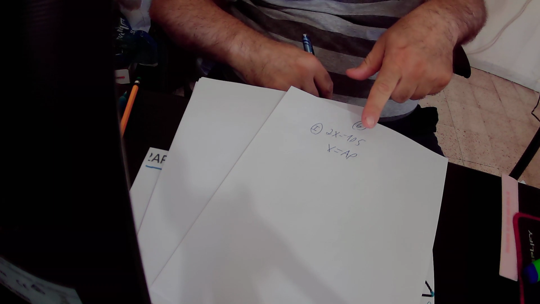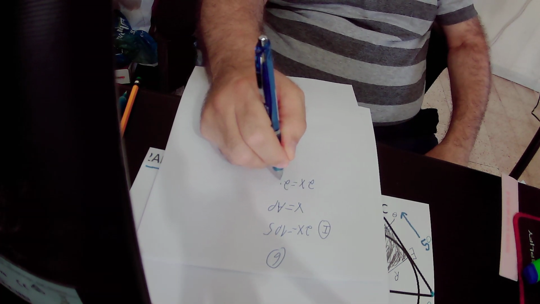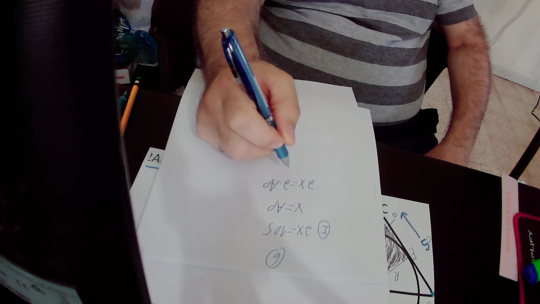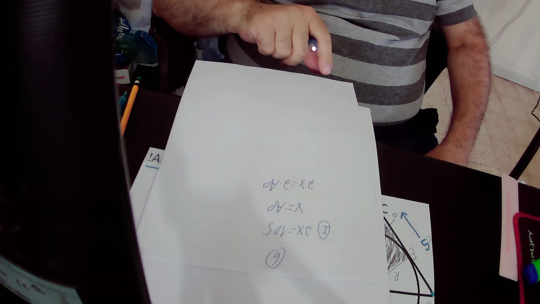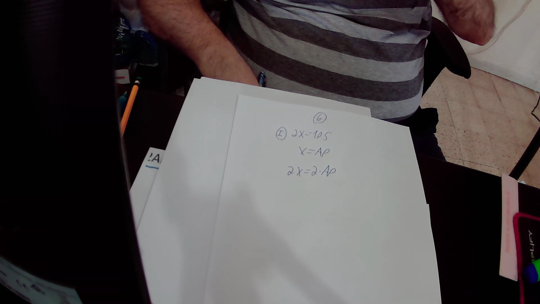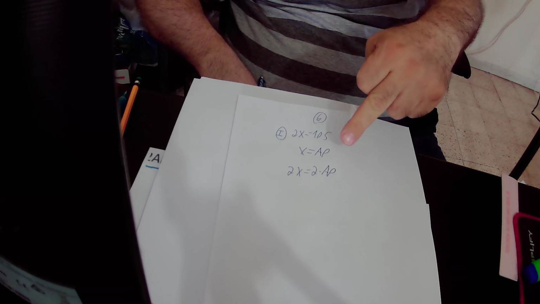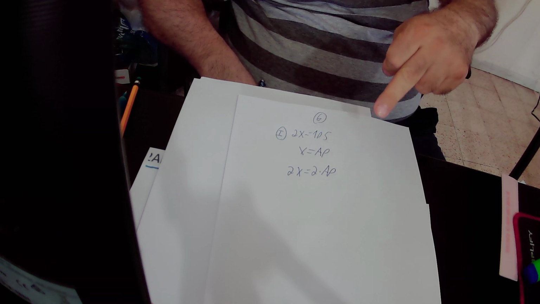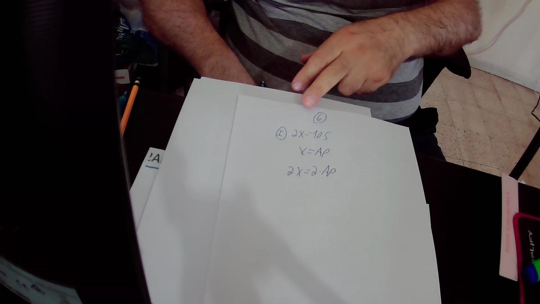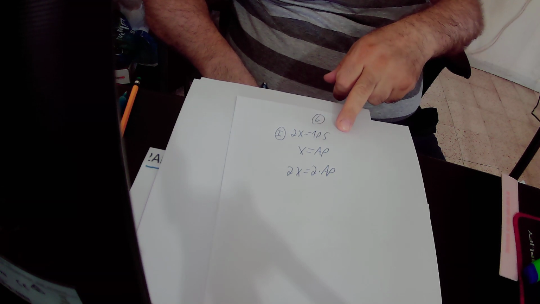So 2 times x equals 2 times AP. We have here 2 times x equals 105, and 2 times x also equals 2 times AP. So 2 times x equals 105 and also equals 2 times AP.